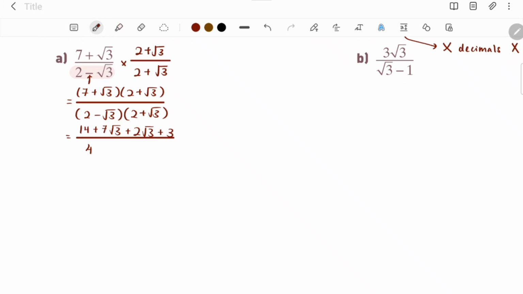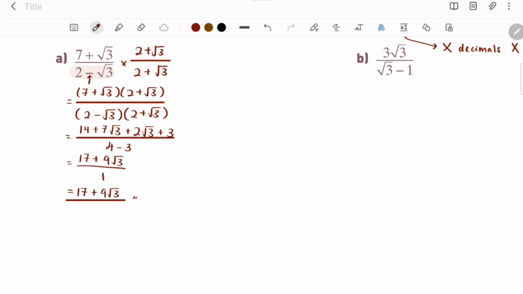And then this one eventually you will get 4 minus 3. So 14 plus 3, 17. 7 plus 2 plus 9 surd 3 over 1. So the 1 you can ignore. The final answer should be 17 plus 9 surd 3.